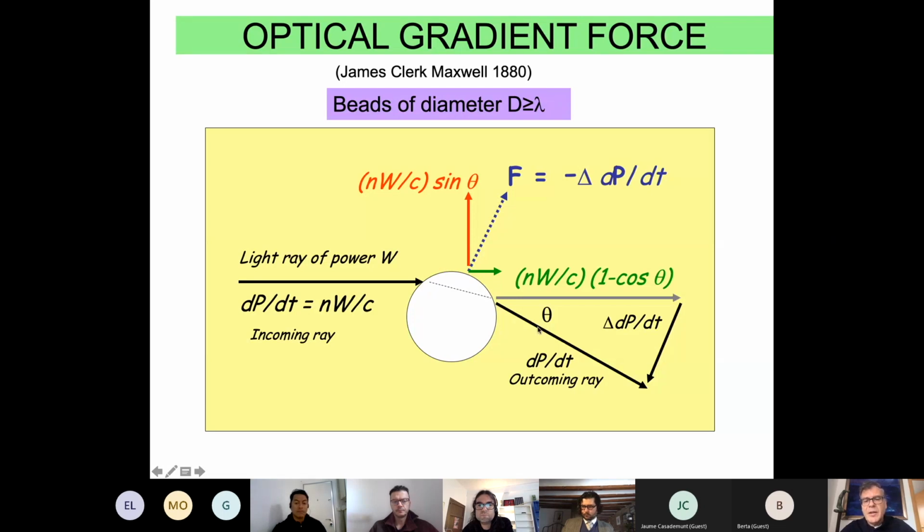Therefore, at the end of this deflection, upon crossing the bead, the outcoming ray changes its light momentum because it changes the direction of motion of the photons, and therefore there is a net change of light momentum.